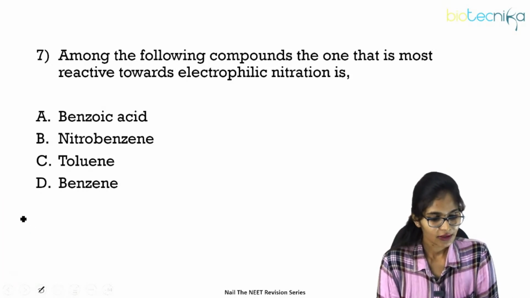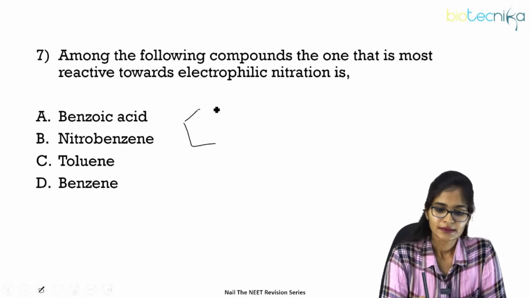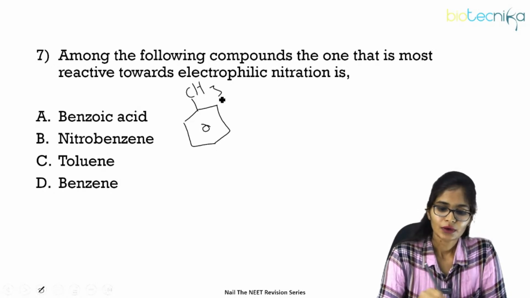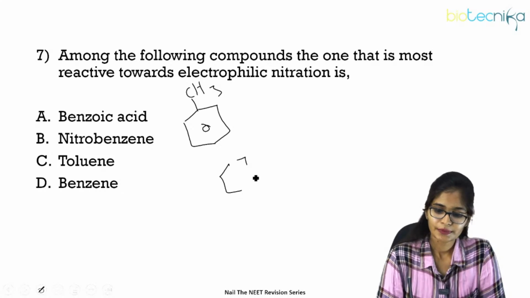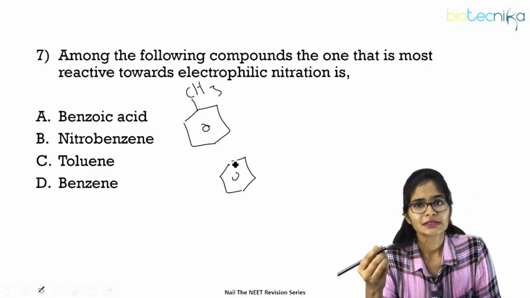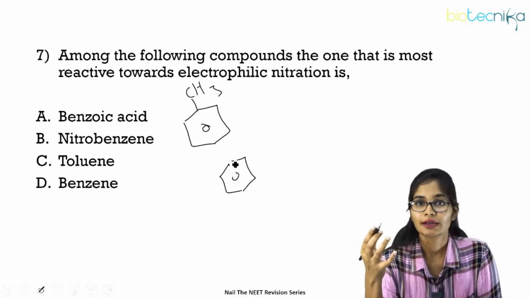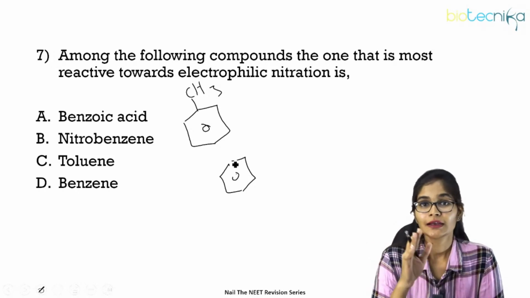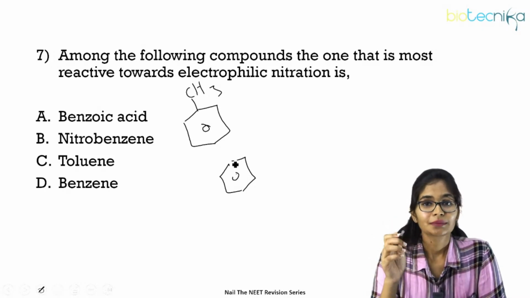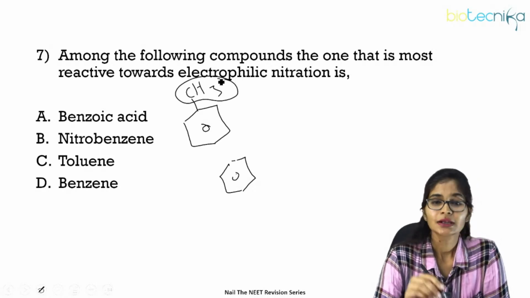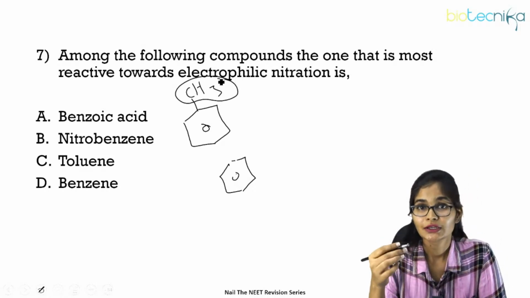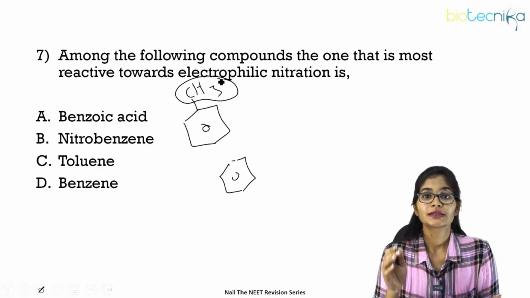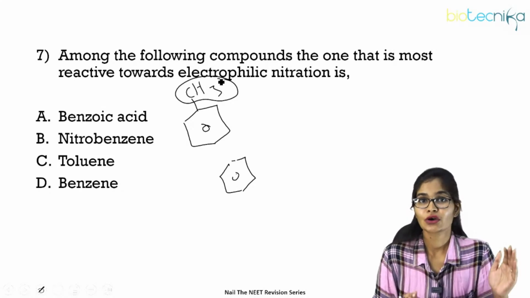Now you have toluene, which is benzene with CH3, and one more option, simple benzene. Simple benzene will obviously undergo electrophilic nitration, but you have to compare toluene and benzene. The methyl group in toluene is an electron donating group, so it increases the electron density on the ring.